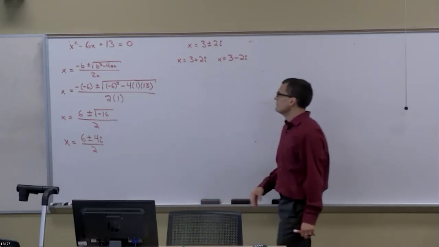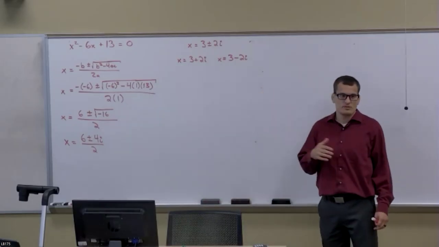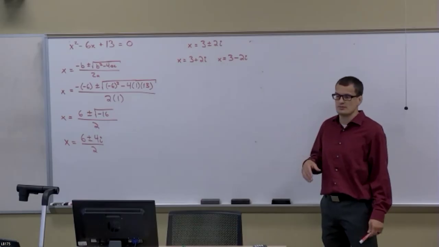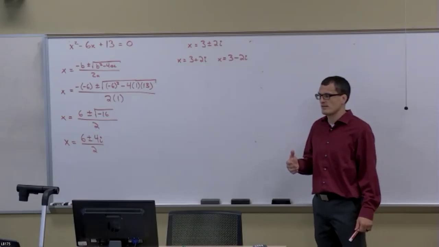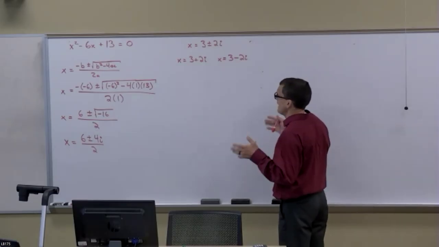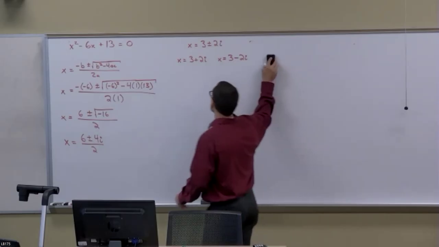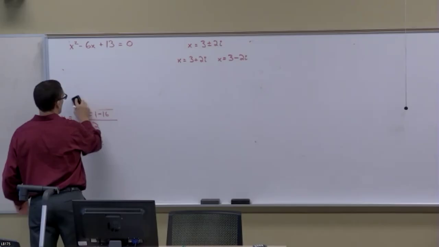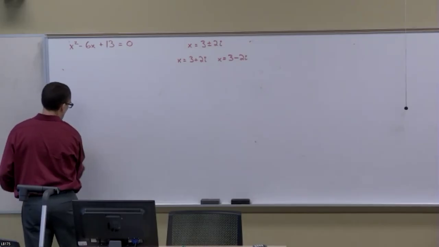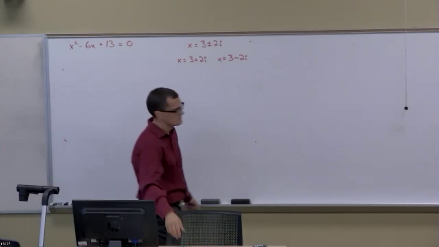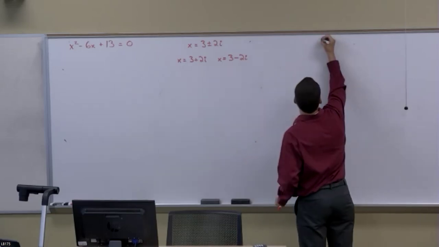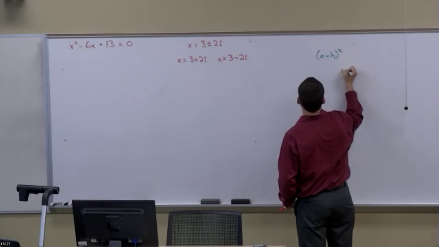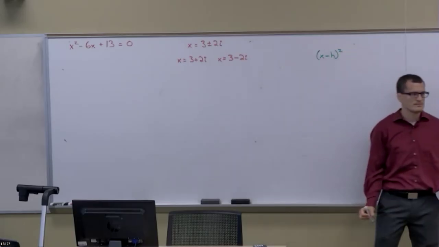Now, let me explain completing the square, although this is not a big tool that we're going to utilize. We can take this exact same equation and use completing the square. Let me leave the answers up there. For completing the square, what you would want is something that looks like (x minus h) squared on one side.